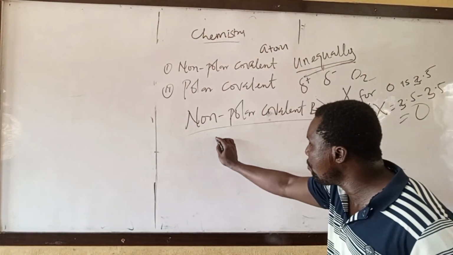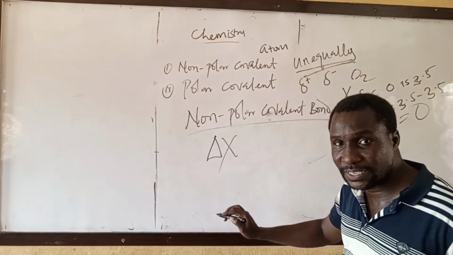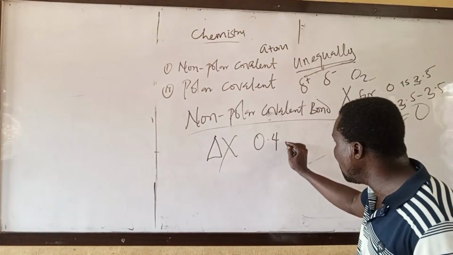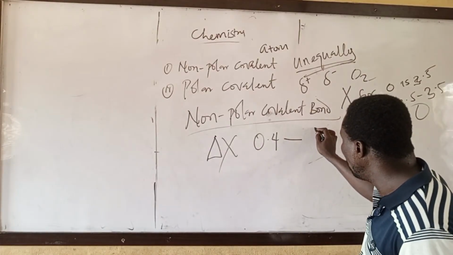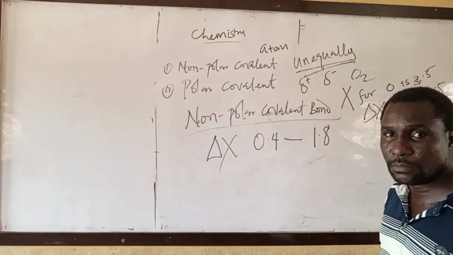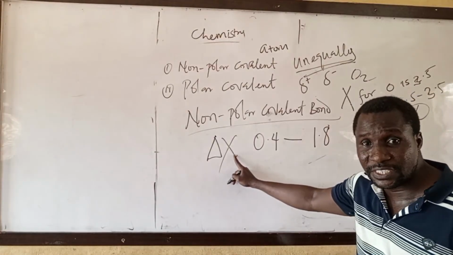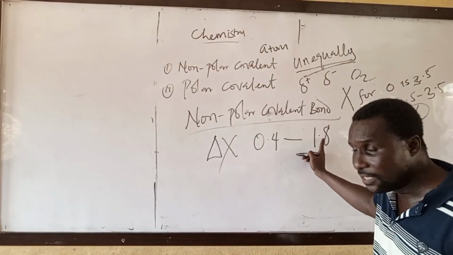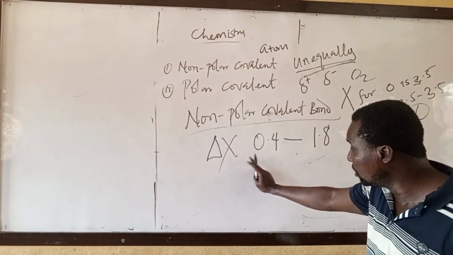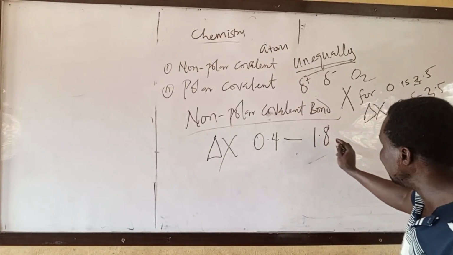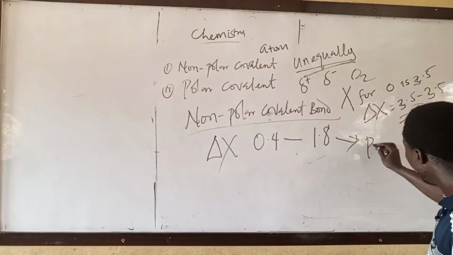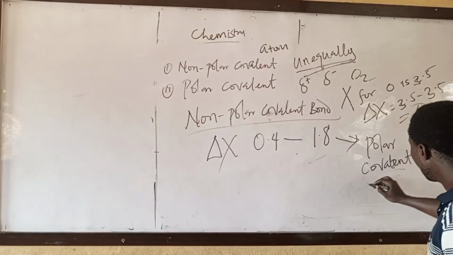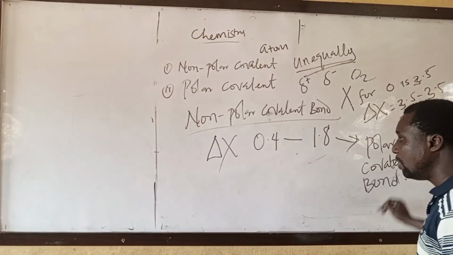When the electronegativity difference is greater than 0.4 and less than 1.8, that is, between 0.4 and 1.8, the kind of bond that will be formed is a polar covalent bond. Write it down. I will give you an example.